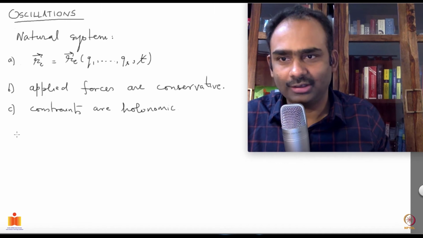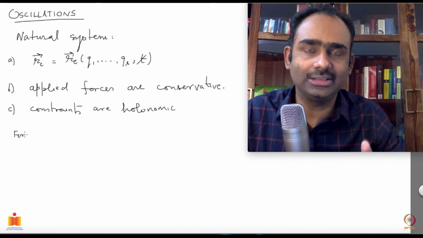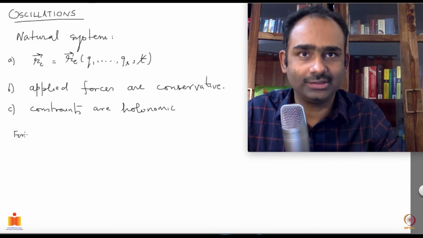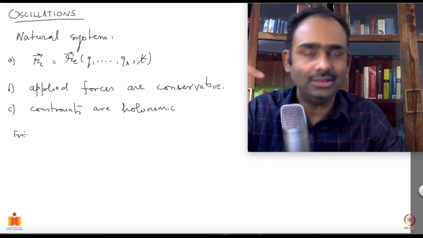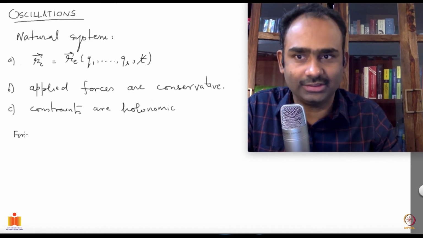Okay, and for a natural system, clearly the kinetic energy, which is in general a sum of three terms, one is of degree 0 in generalized velocities, T0, that is what we have been saying. Another is T1, linear in generalized velocities, and T2, quadratic in generalized velocities.